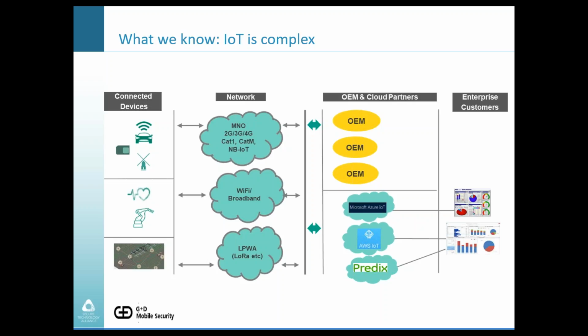Then you have the smart home and smart enterprise type of devices, which are connected to Wi-Fi and eventually a broadband infrastructure. And then you have a largely dispersed set of sensors, probably in an agricultural or mining setting, where they're using some form of low-power wide area network that uses essentially free spectrum to backhaul the data.